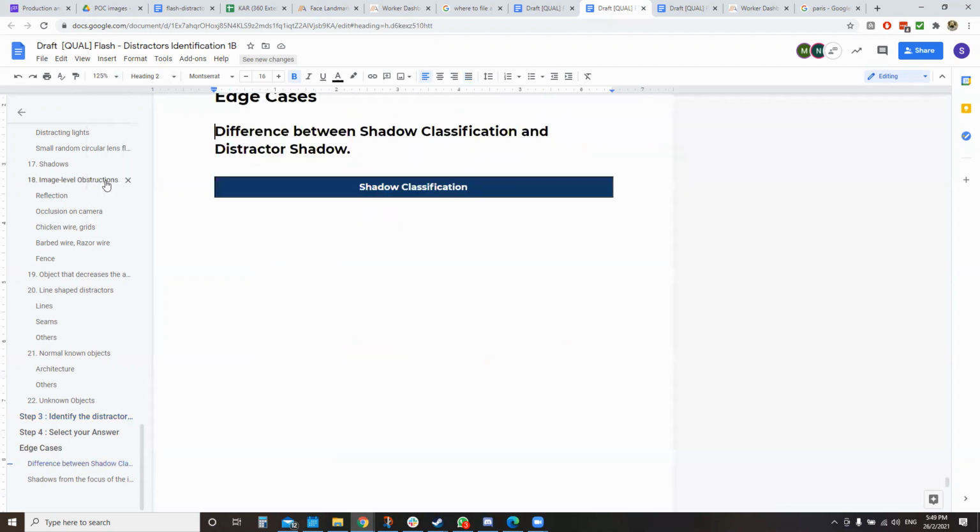So what is the difference between shadow classifications and shadow distractor? If the distractor has a shadow in the frame, you will label it as a separate thing, not as shadow.